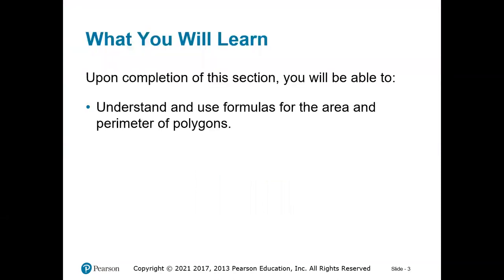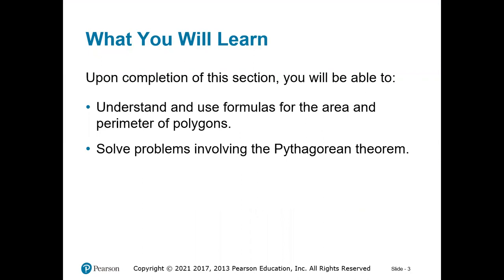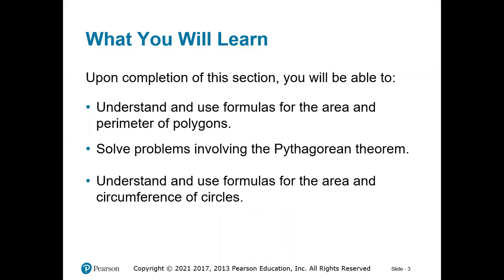So after you finish this section, you should be able to understand and use the formulas for perimeters and areas of polygons. And you can use those formulas to solve real world problems involving the Pythagorean theorem, and others involving any theorem or any formula around perimeters and polygons.